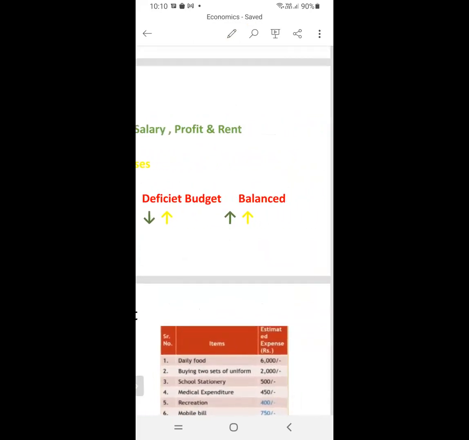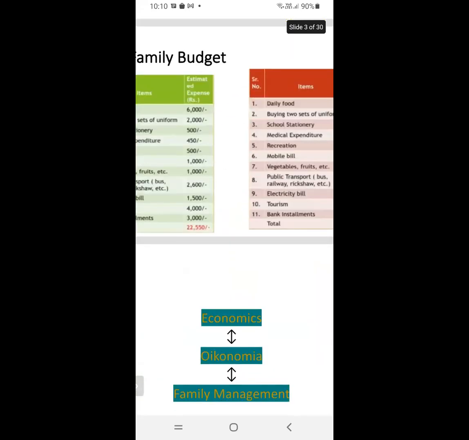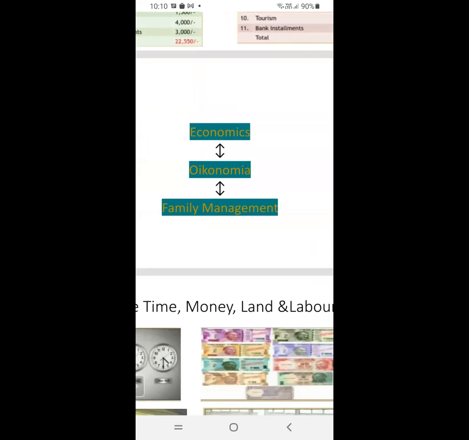According to that, we can decide our expenditure. Now, economics means what? It comes from oikonomia, a Greek word that means family management.